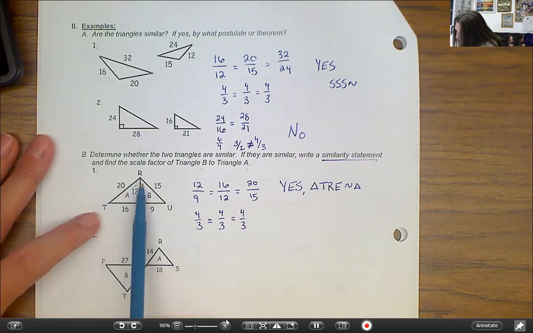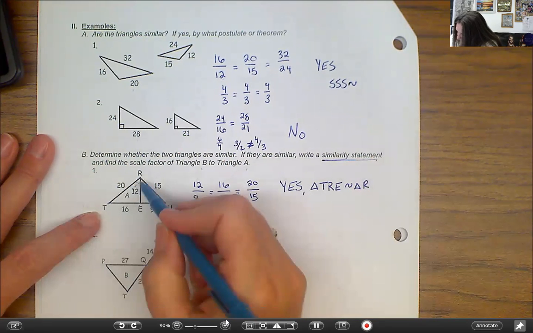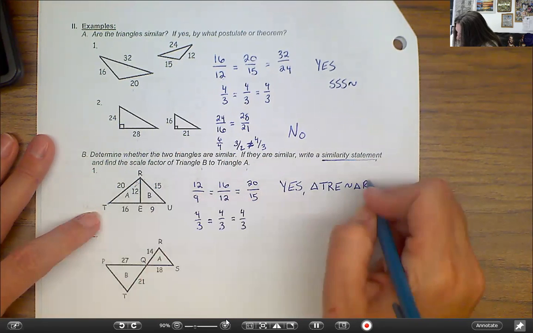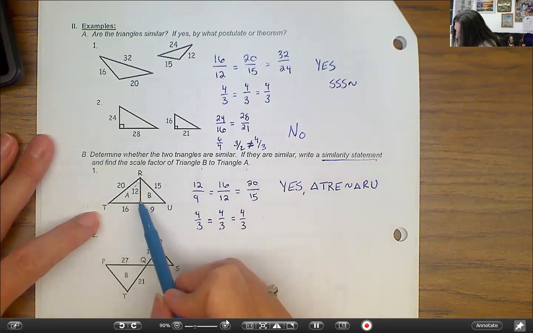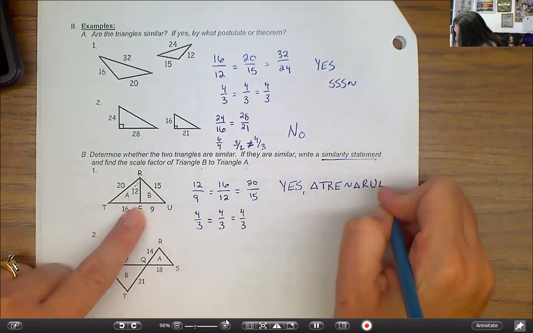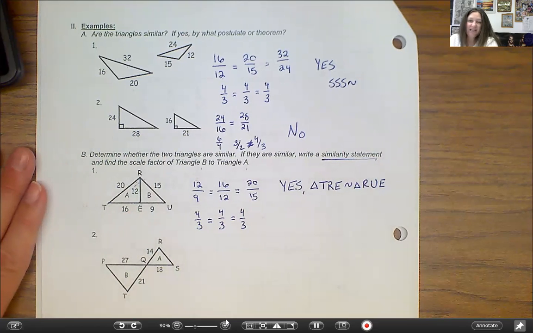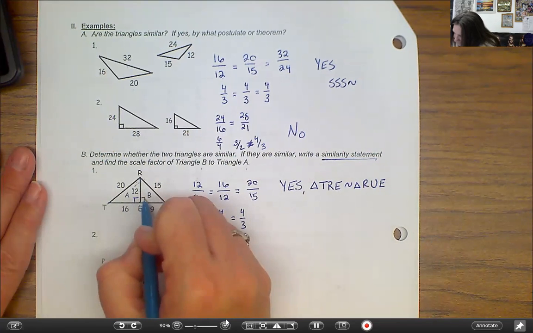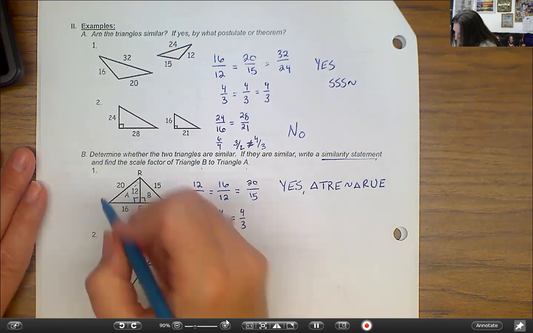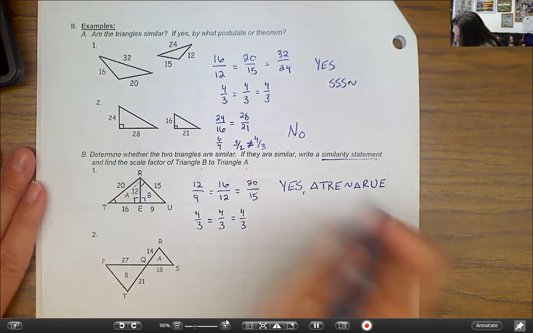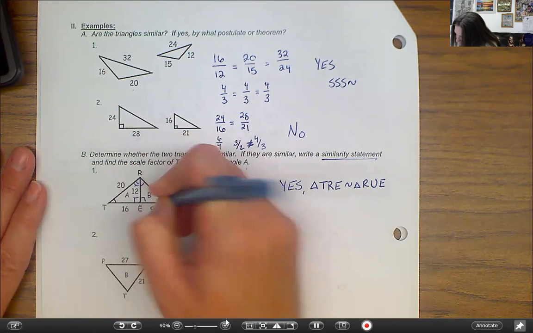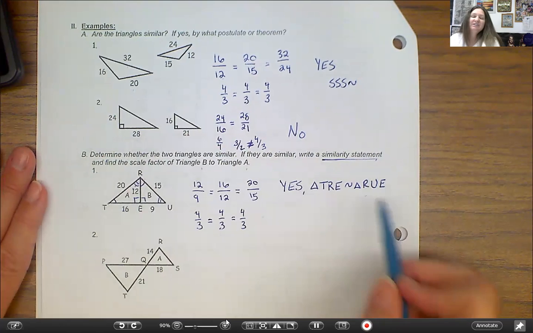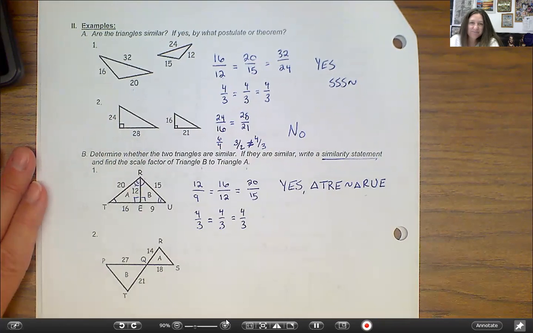So T rotates to R, R would rotate to U, and then E would stay at E. You want congruent angles to match up with each other. Sometimes it's easier if you mark the angles in there. We had right angles in both of those locations. Then T rotated to R, and R rotated to U. It makes it a little easier to see in your similarity statement if you're writing it out.